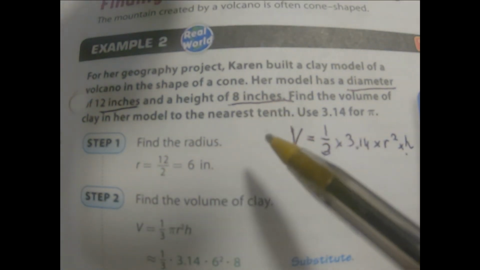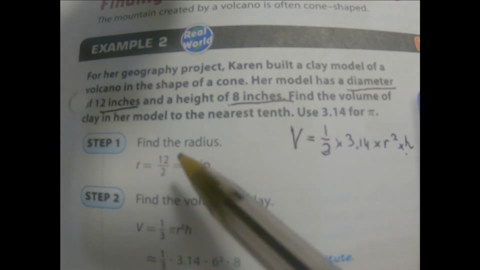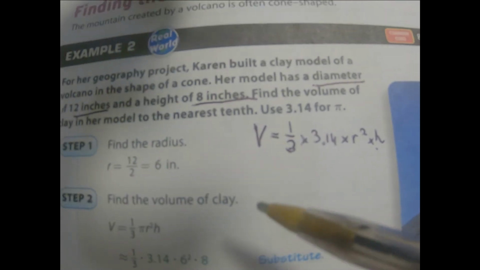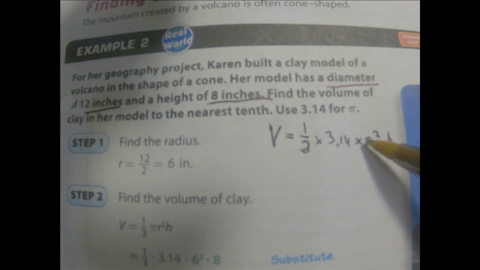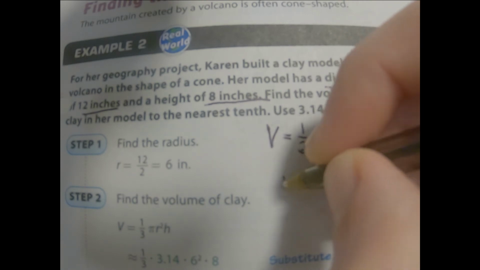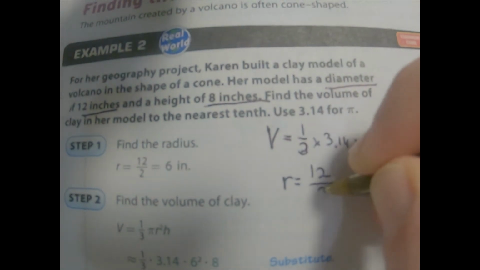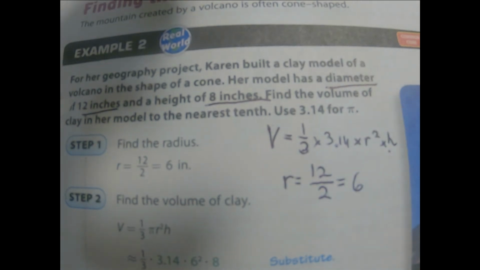So it's asking me to round to the nearest tenth to find the volume of her clay model of a volcano. To find this, I need to first find my radius. It's giving me a diameter of 12 inches, so my radius is going to be 12 divided by 2, or 6, right?